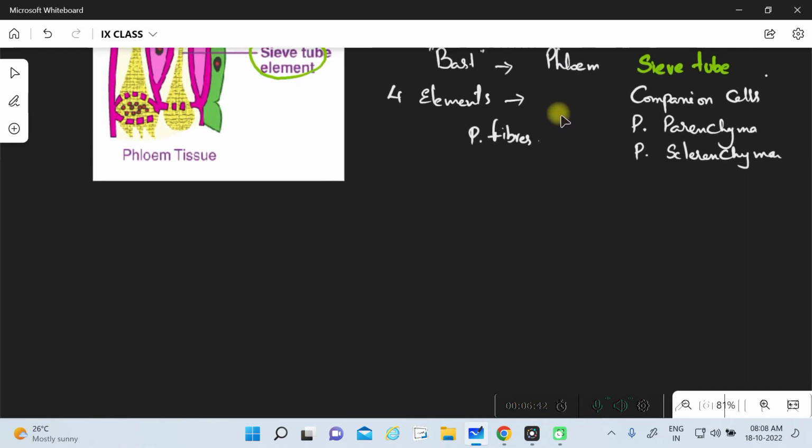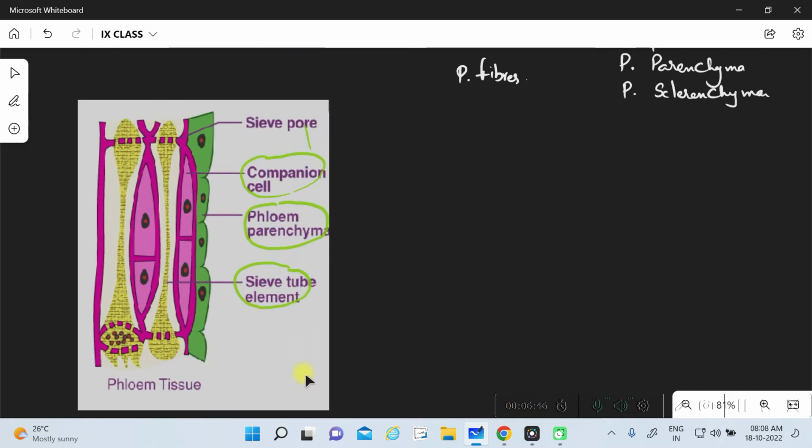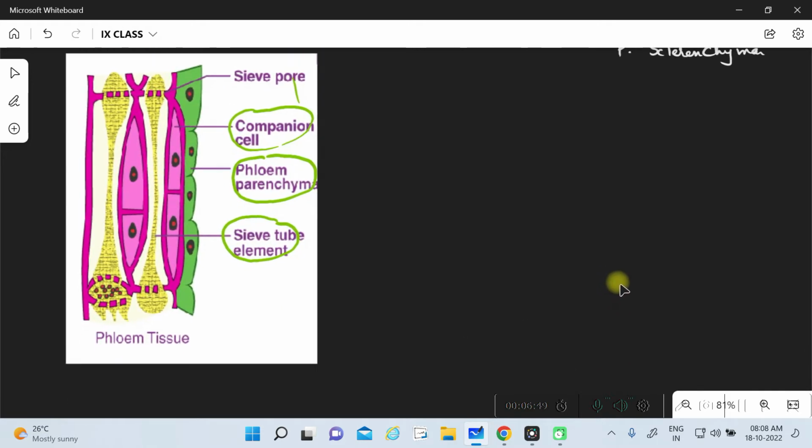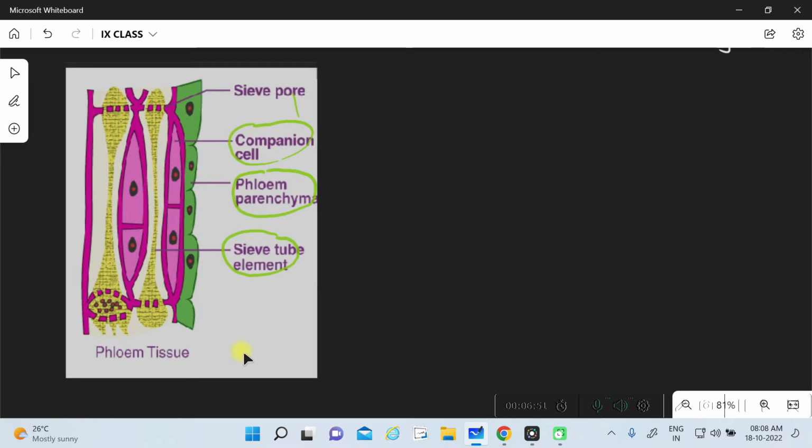Now let us look into the different components of the phloem. Here, the first one is the sieve tube. What you are able to see, this structure is in general called a sieve tube.